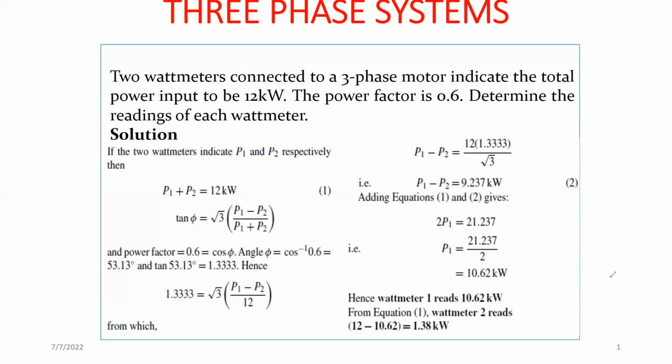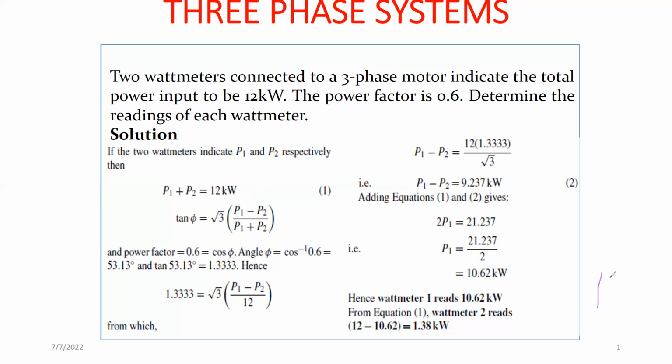When you add the two equations, 12 plus that, you have 2P1 equal to 21.237. Then you divide both sides by 2. P1 gives you 10.62 kilowatts.